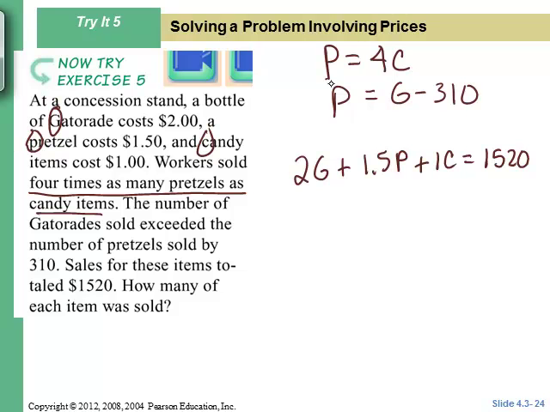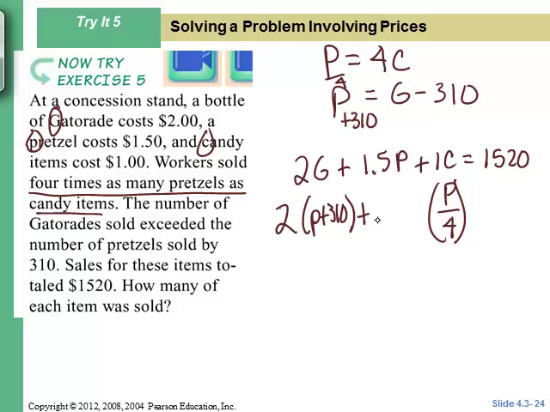Let's rewrite this as pretzels over 4 then. So candy is pretzels over 4. And Gatorade is pretzels plus 310. So 2 times that plus 1.5 pretzels plus 1 of those is 15.20.